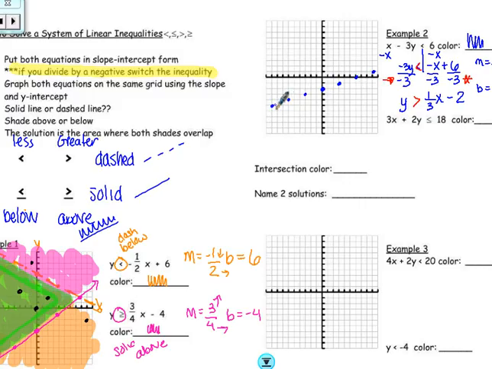Since my inequality is now greater than, I know that's a dashed line, and I'm going to shade above. Dashed line, colored above.